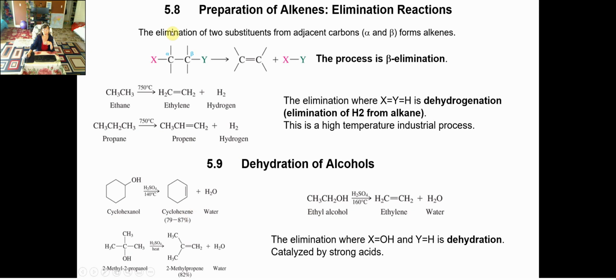If you have your X is the same as your OH hydroxyl group, your Y is hydrogen. In this case, this process is called dehydration. Again, catalyzing by a strong acid, such as your sulfuric acid. If you have ethanol, you produce ethylene by removing a water.